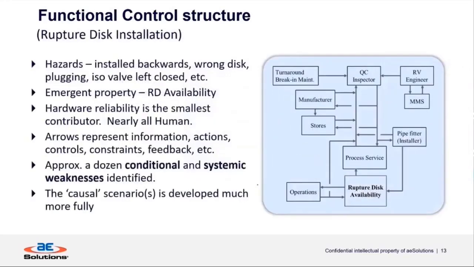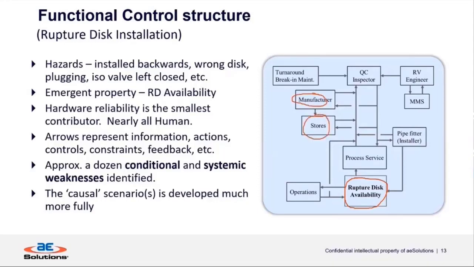All right. So here is a real world application. We have here a rupture disk. The emergent property that we're interested in is the rupture disk availability. Now, the funny thing is the rupture disk is about as simple of a barrier as you can get. It's a thin piece of metal. Now, I say simple. There's an entire manufacturing process that goes behind it, which is represented here.